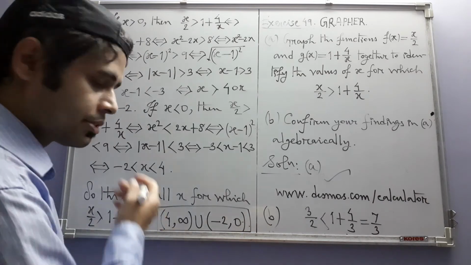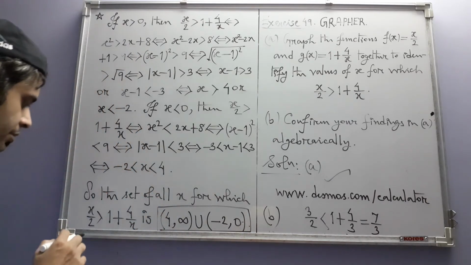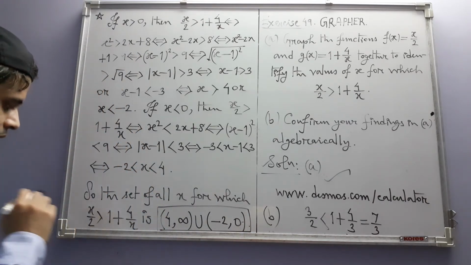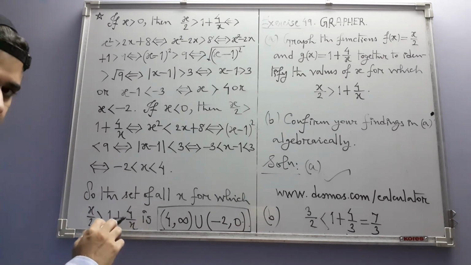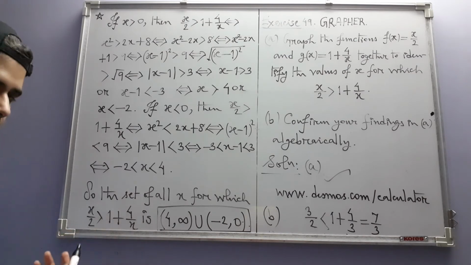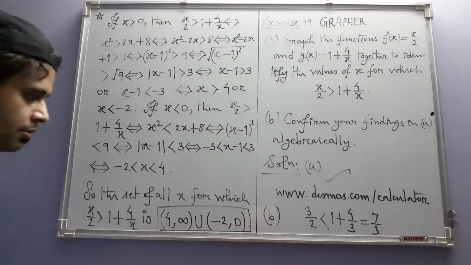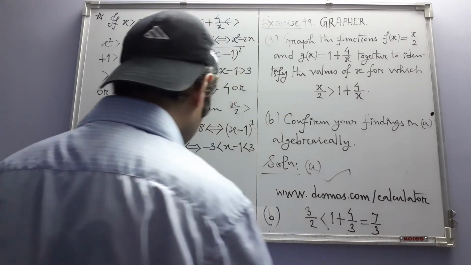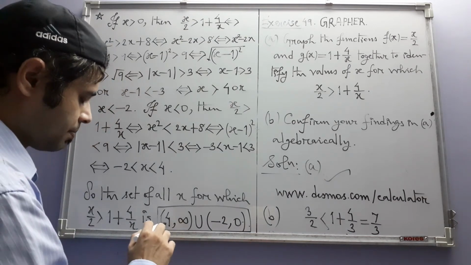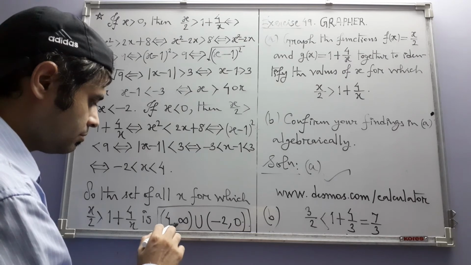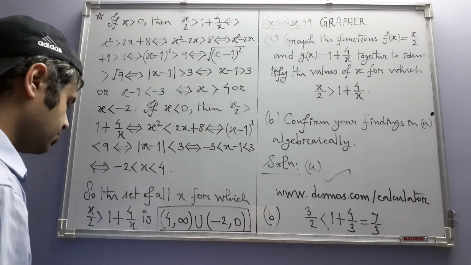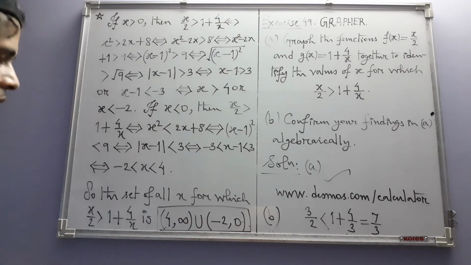So let us take x equal to 1. If we do that, we have 1 by 2 on the left hand side, whereas on the right hand side we have 5. Clearly 5 is not less than 1 by 2. So yes, we are fine. Now if you take a very large value, say x equal to 10 suppose, then what happens?